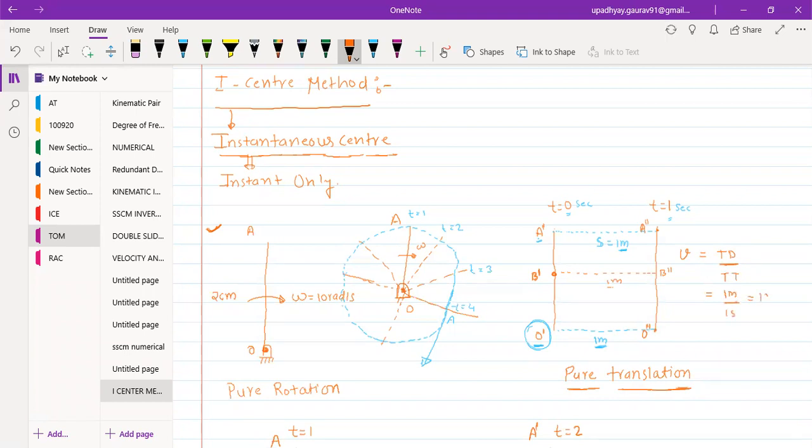So the velocity will be 1 meter per second. So is it the velocity of point A dash, point B dash, point O dash, or the link O A dash? Sir, the entire link has the same velocity because it is moving in pure translation.